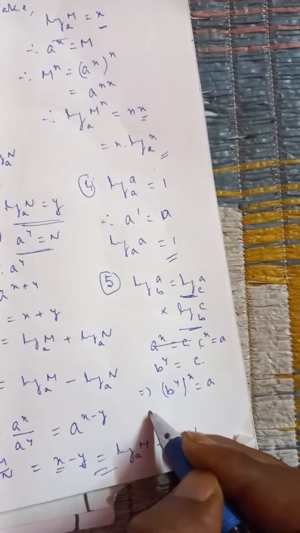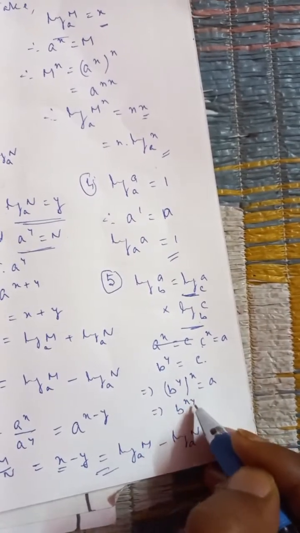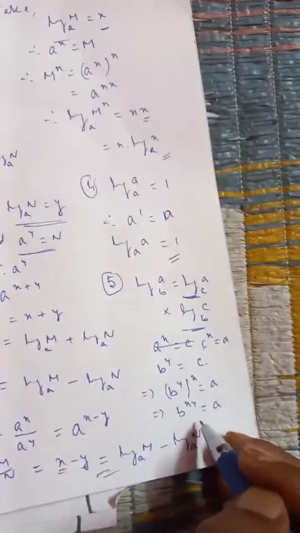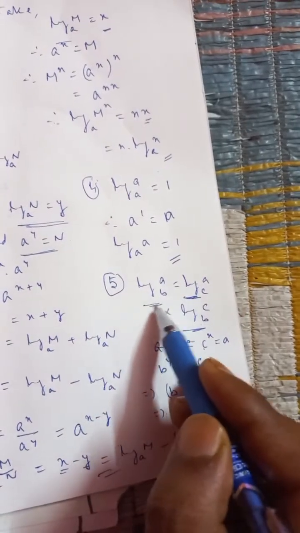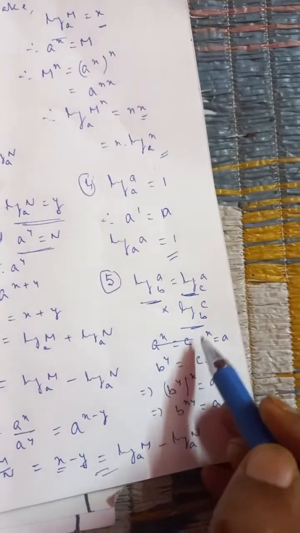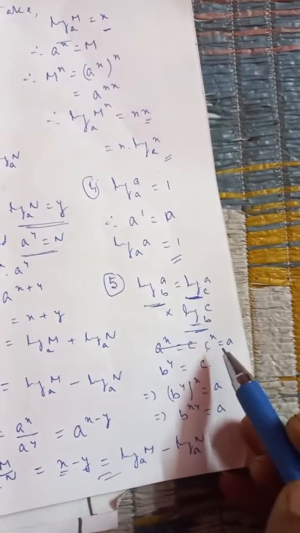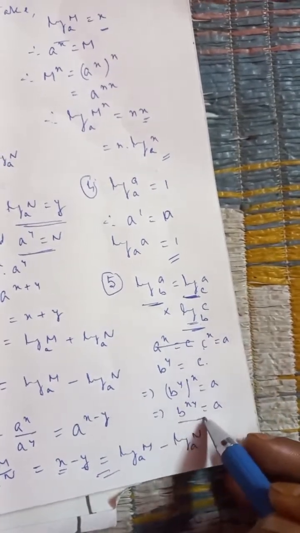This will be b to the power xy equal to a. So now in logarithm form, we will get log of a base b equal to x multiply y. So x we have taken this and y we have taken this. So we get the result. We just have to take the logarithm form.